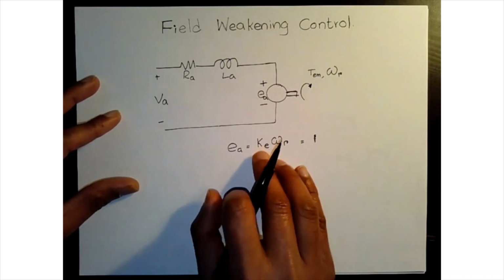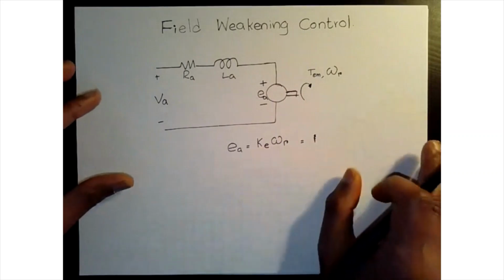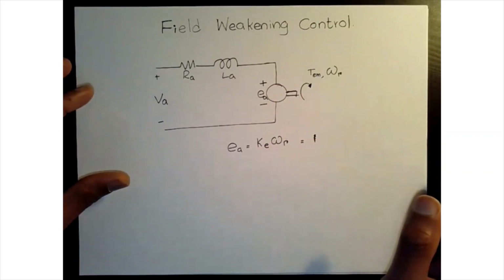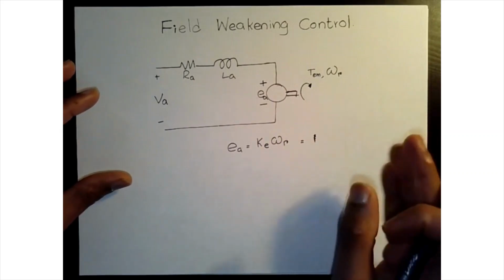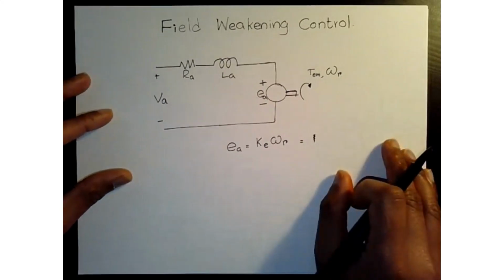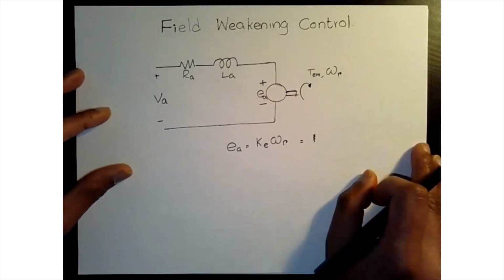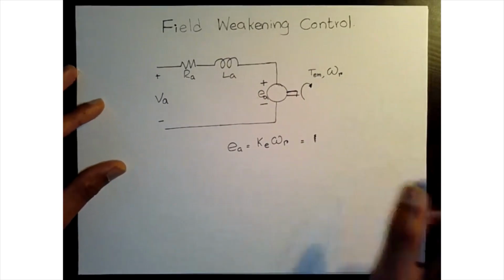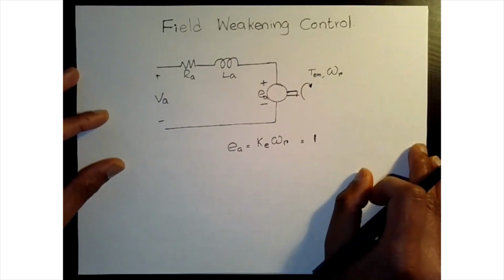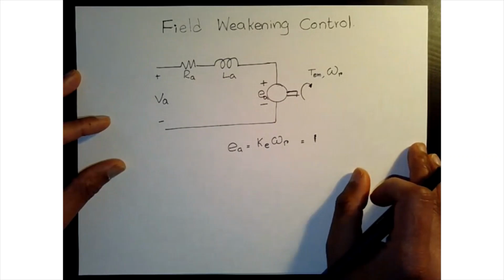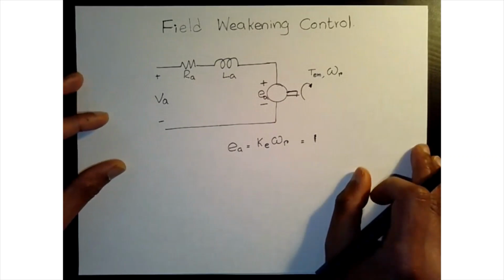Now, for a DC motor, if we want to change the flux density, which is the strength of the magnets, what can we do? Can we easily change the flux density of a magnet in a DC motor?